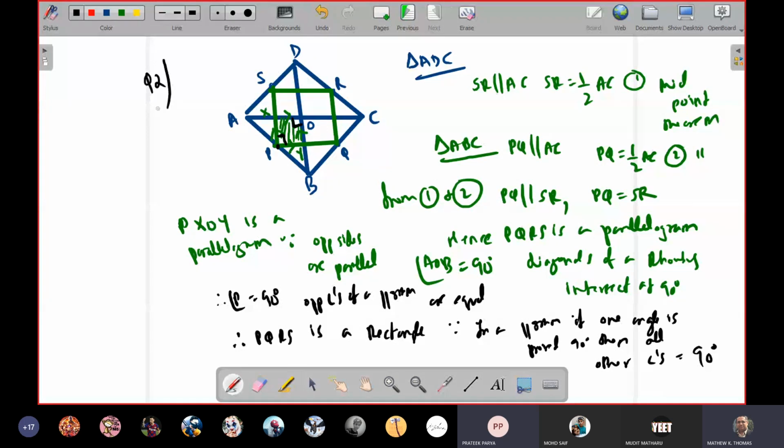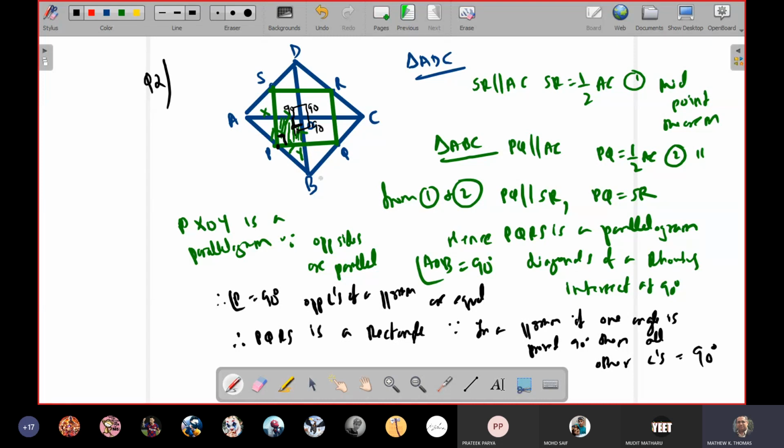Sir, I understood all the procedures, but why are we taking only the small part PXOY? Because I need to prove that an angle is 90. Either we have to prove P is 90 or Q is 90 or R is 90 or S is 90. So how will I prove that? I'll have to take one of the portions because I have to make use of the fact that these angles are 90. So you can take this part or this part or this part or this part.